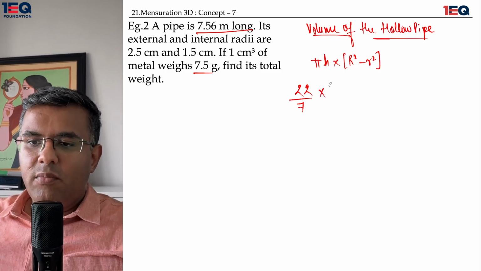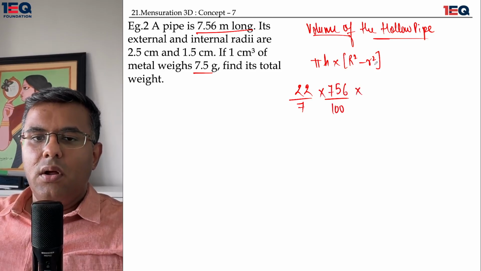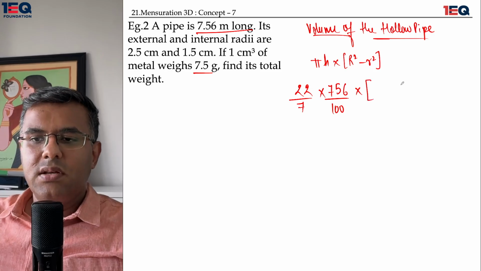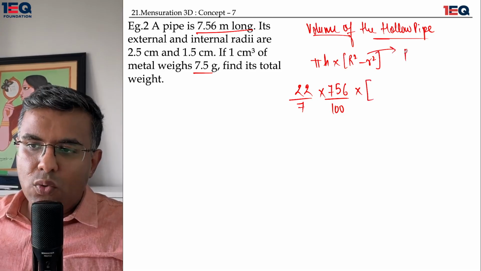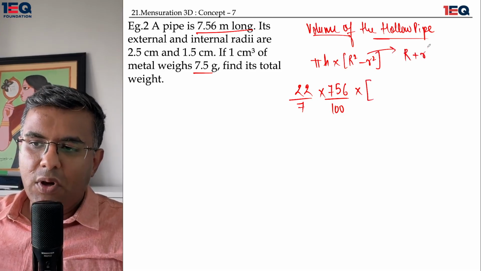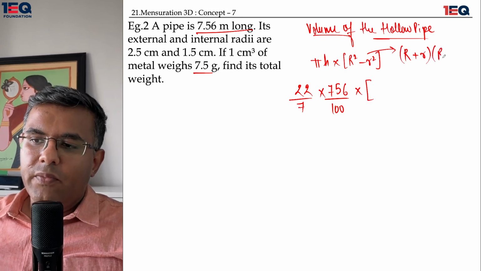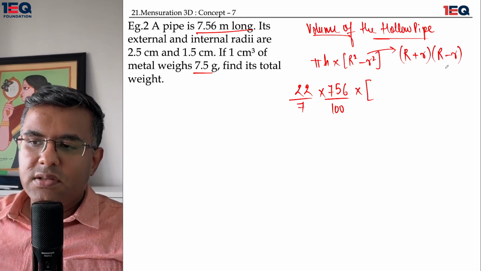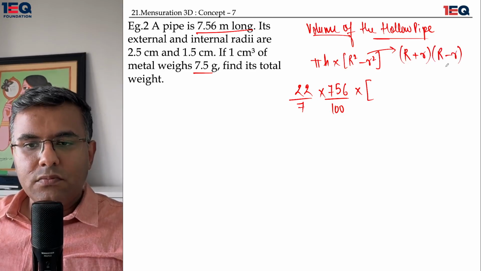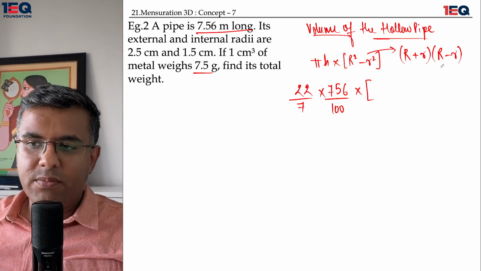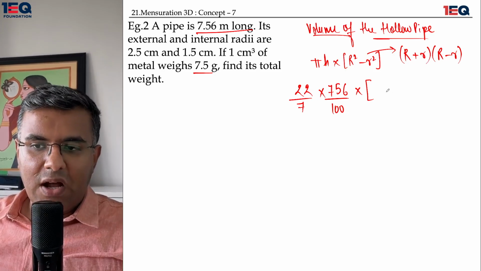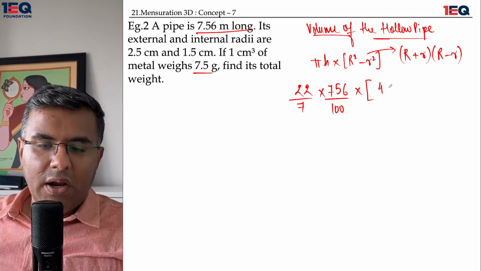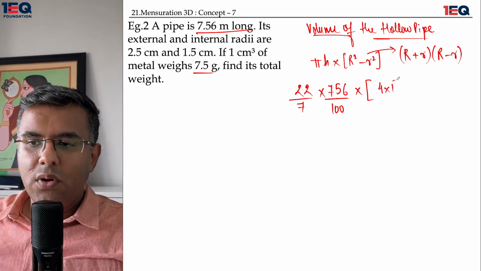22 by 7 multiplied by 756 upon 100 multiplied by capital R square minus small r square. Capital R square minus small r square can be converted to capital R plus small r multiplied by capital R minus small r. So this is nothing but a square minus b square being equal to a plus b into a minus b. So 2.5 plus 1.5 is equal to 4, and 2.5 minus 1.5 is equal to 1.